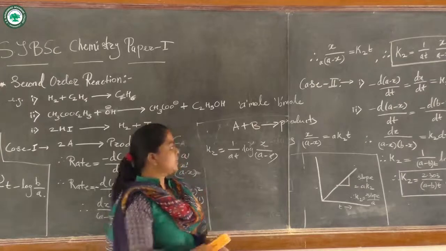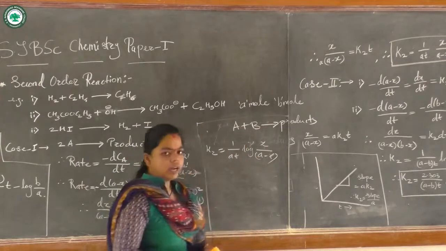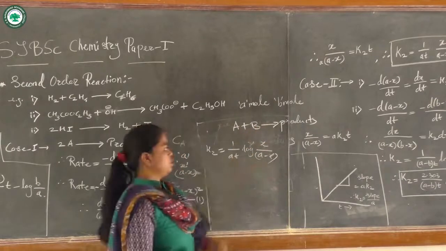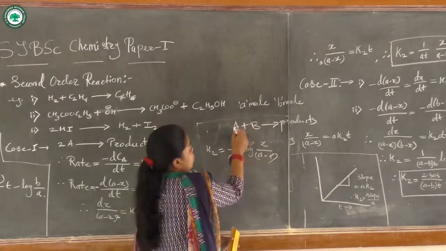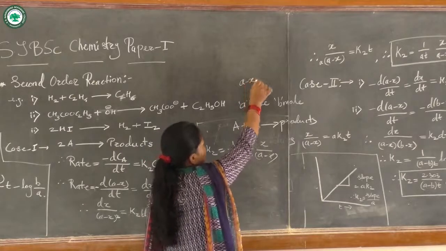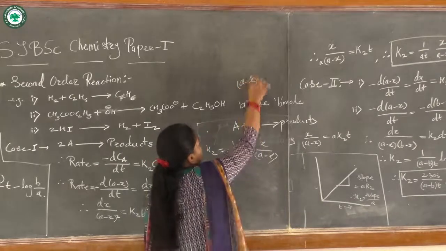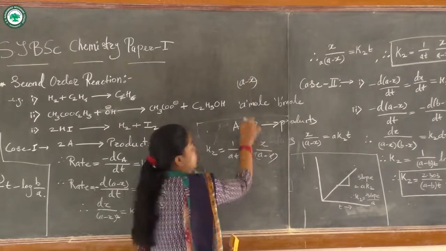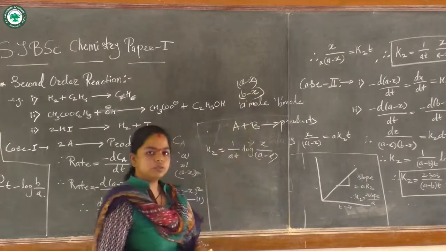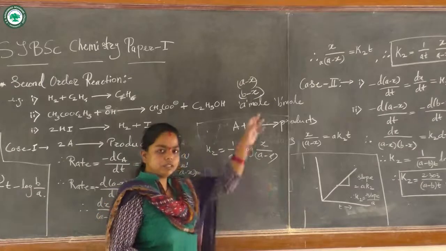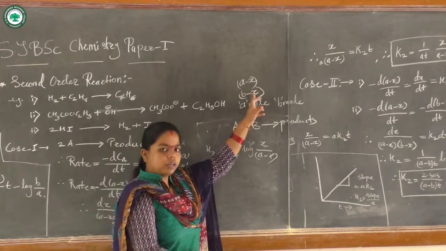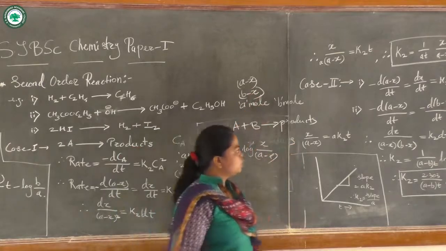So the unreacted A is different and the unreacted B is different, that is, the final concentration of the reactant is different. So the final concentration of A becomes initial minus reacted, A minus x, and the final concentration of B becomes B minus x. So we are getting different values here, A minus x and B minus x, for the concentration terms. So let us put this value.